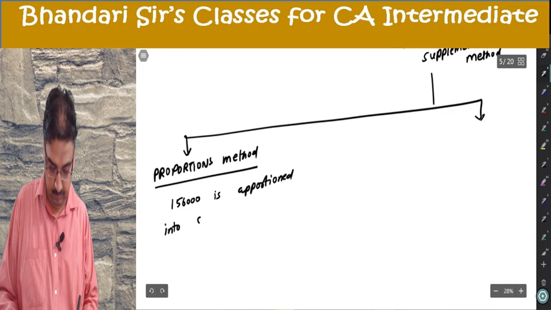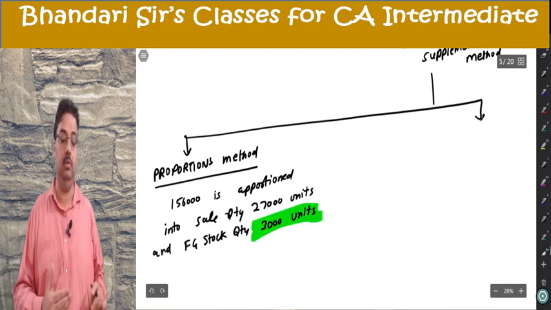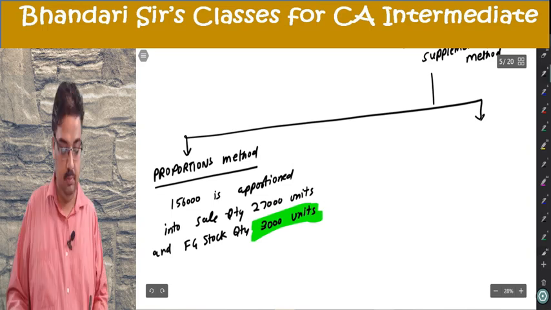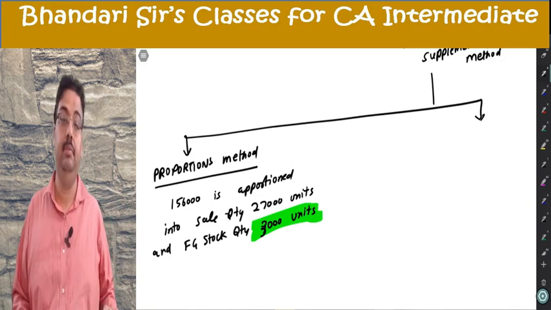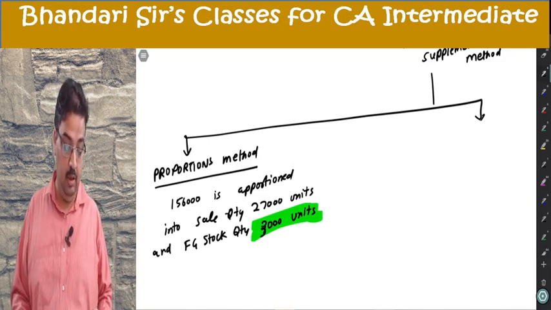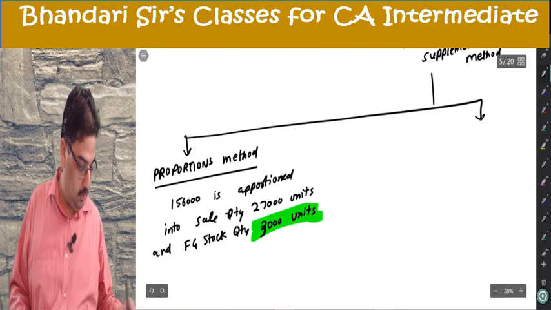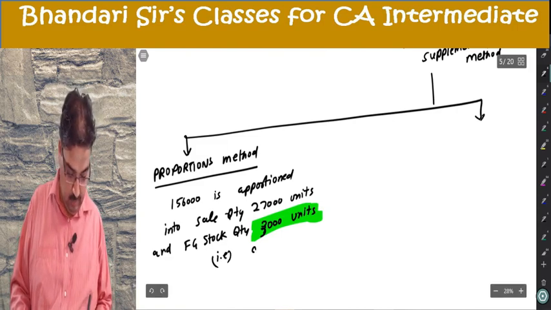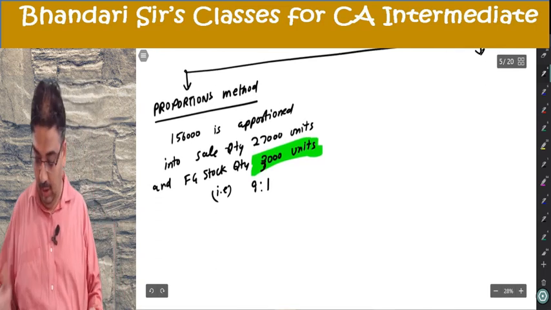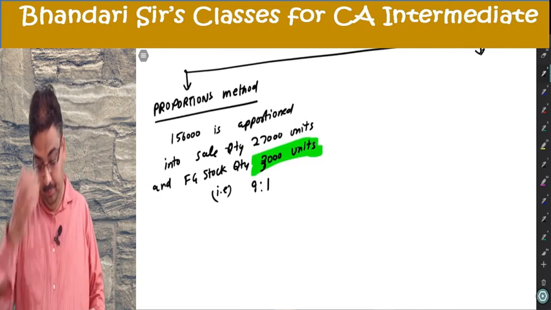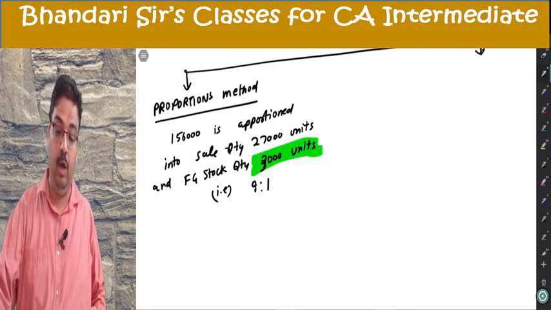Be very sure stock quantity is 3,000 units only. Students write there 30,000, that is wrong. It is written there finished goods produced is 30,000. But out of that, when 27,000 is sold, stock is only 3,000. So 27 ratio 3, that becomes 9 ratio 1. So 1,56,000 into 9/10 and 1/10.